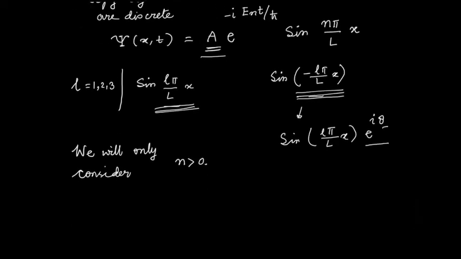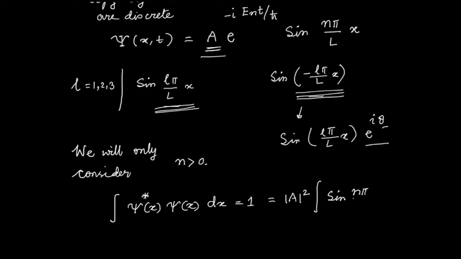All right. So the only thing to figure out is the normalization. What do I mean by the normalization? Remember, I want the integral of psi star of x times psi of x dx to be 1, which now implies that both psi and psi star have this A square in them.